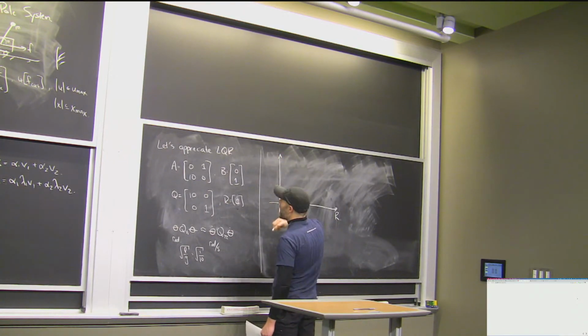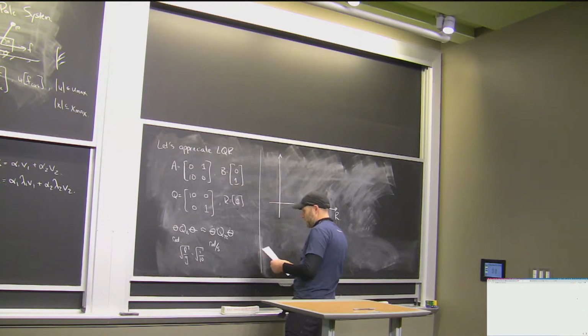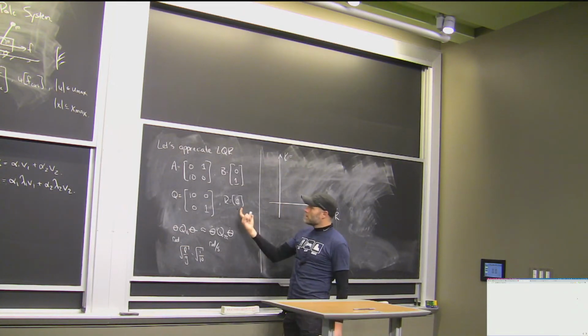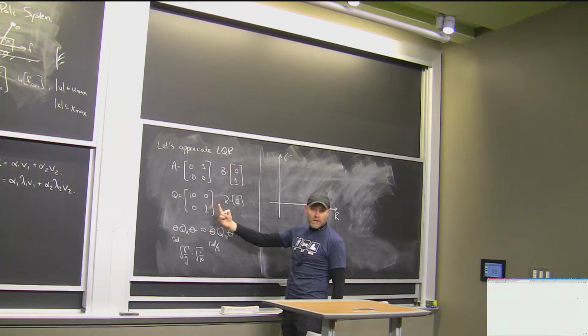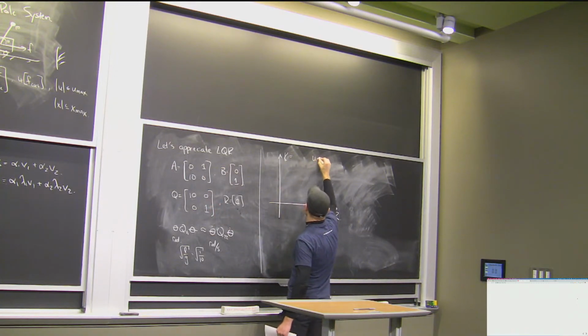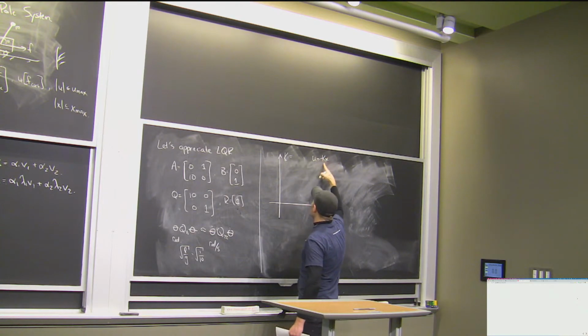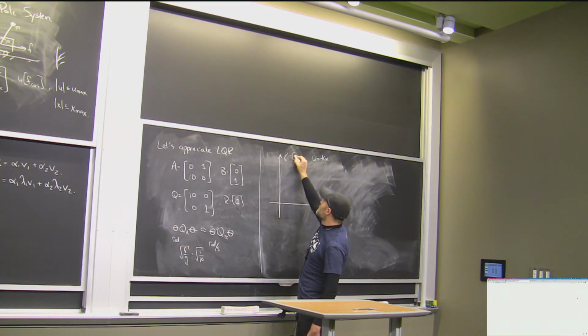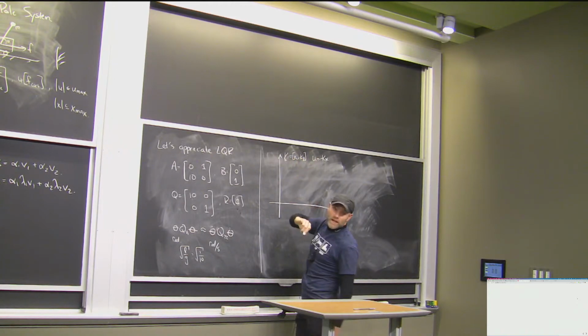And I want to plot K, the values of K. Right, K is, there's one input, there's 2 state variables. If I have U equals negative Kx, what size is K? It's going to be 1 by 2, right? It's got 2 values there.